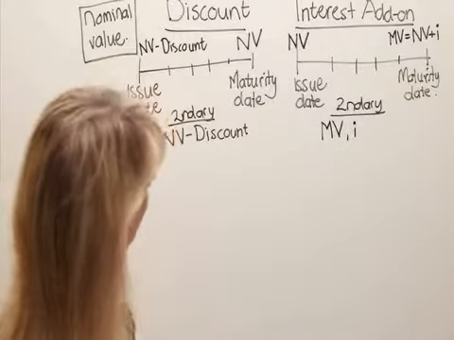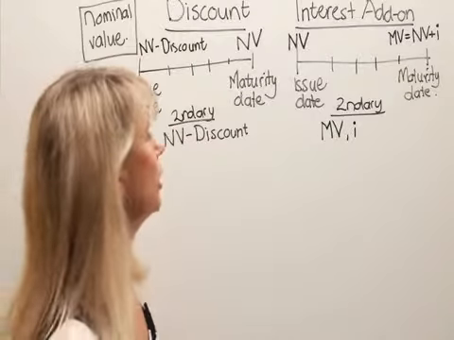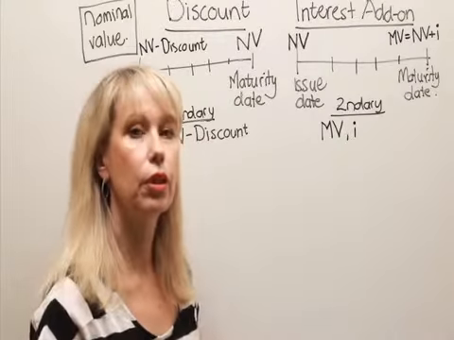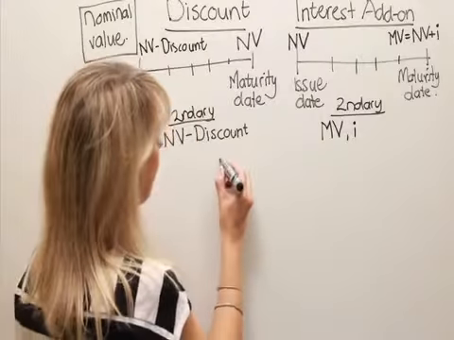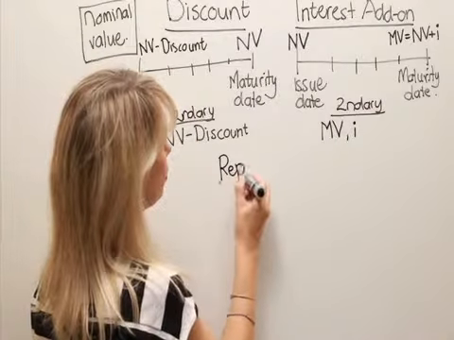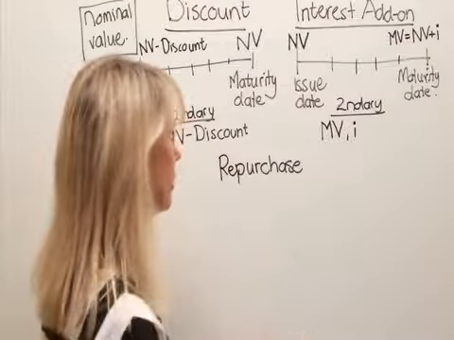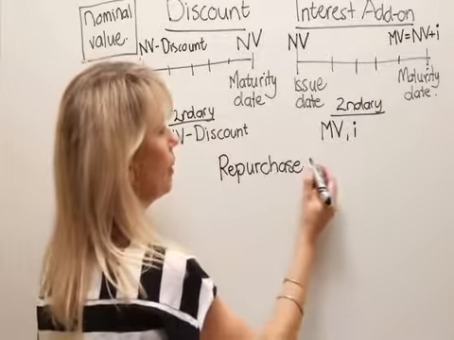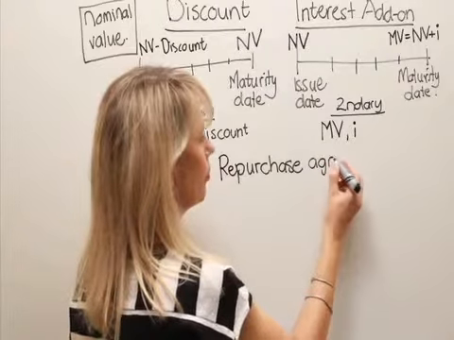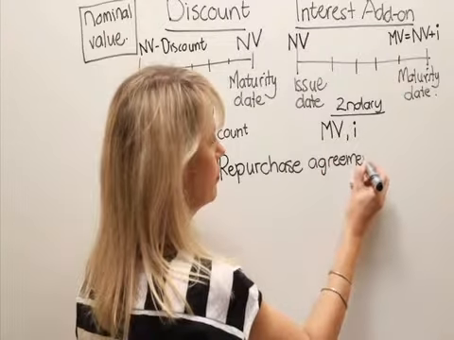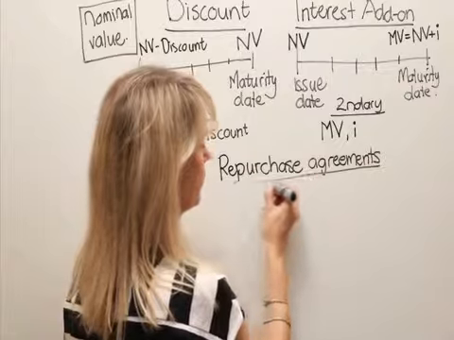Right. Then the third type of instrument that we do concerning money market instruments is an instrument that is mostly used by banks when they have a deficit to finance, and we call that repurchase agreements.